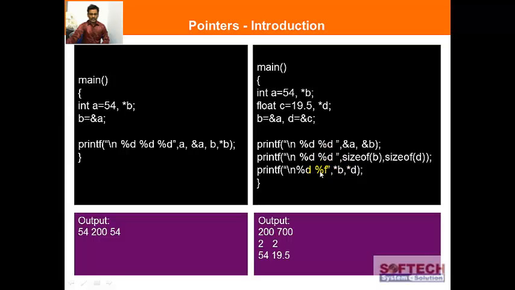B has only an integer variable address, so we put percentage d. So b is 200, and the value is 54. D is 700, and star d, the value at 700, is 19.5.